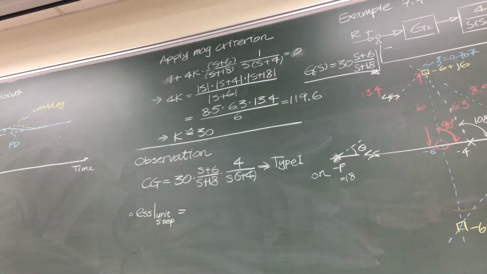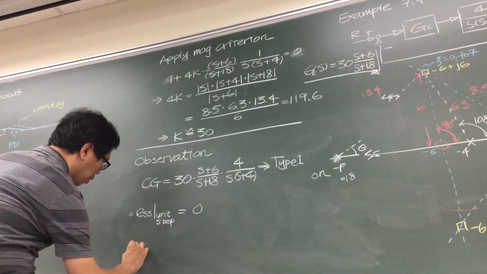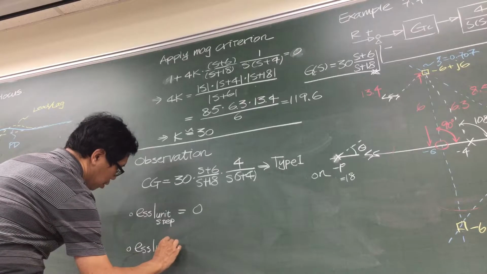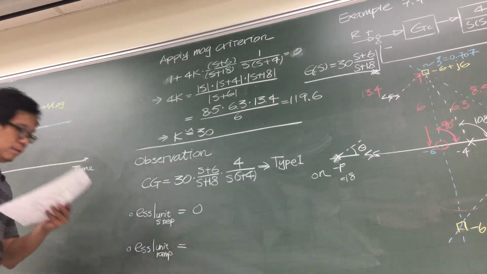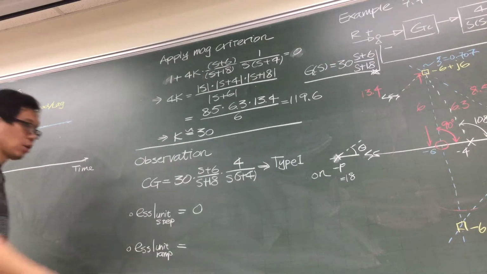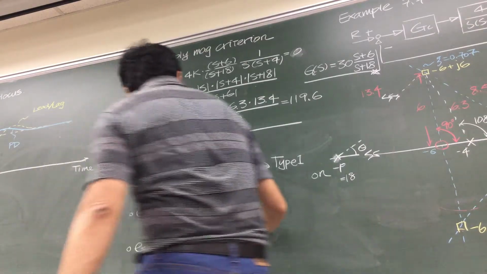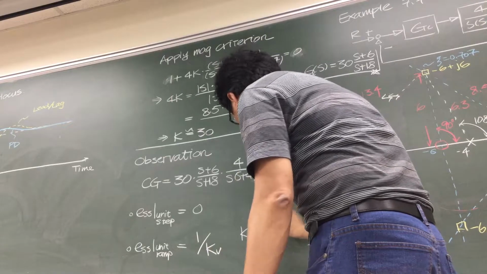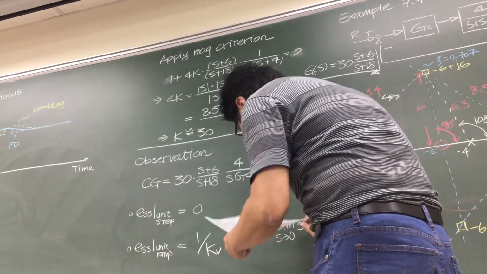Without saying anything, what is my unit step steady state error? 0. How about unit ramp? We are going to have 1 over Kv, and Kv is going to be the limit as s goes to 0 of s times the open-loop transfer function.